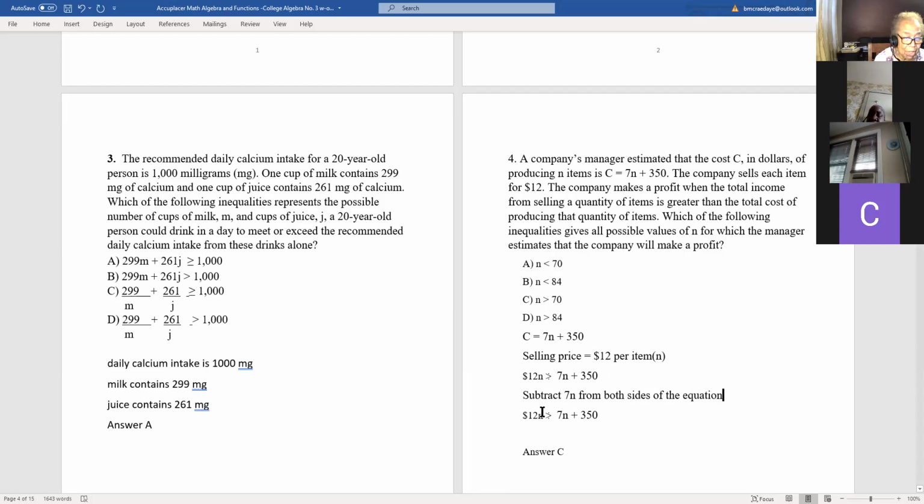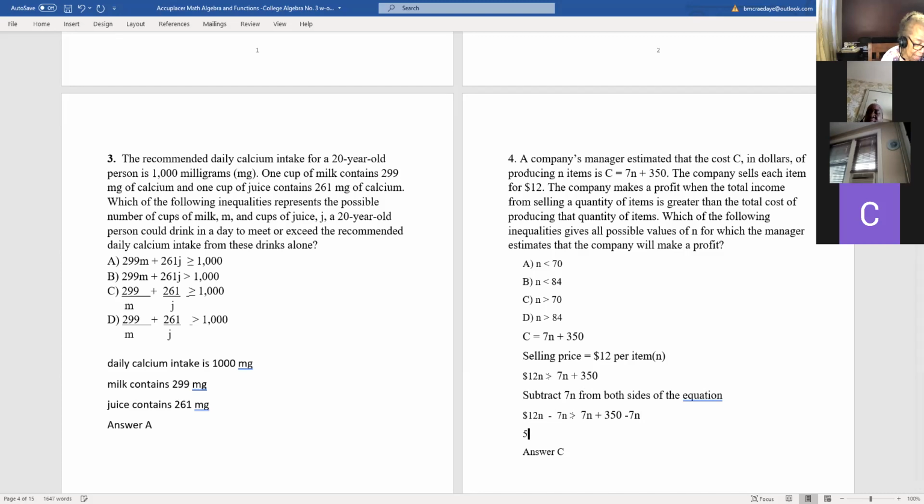So that would give you 12N minus 7N. Okay. And on the right side, I'd have minus 7N. And what do I get on the left side? 12N minus 7N, 12 minus 7 is what? 5N.